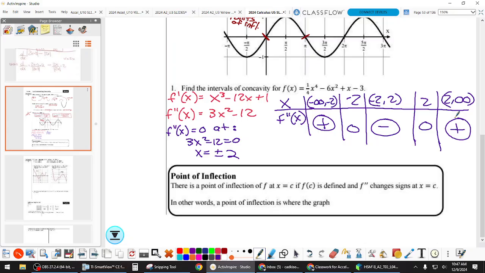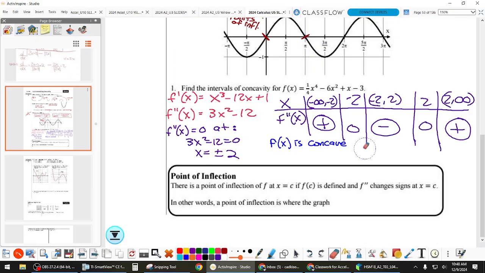Well, we need to give intervals where that happens, instead of just at single points. Oh, I see what you're saying. So from negative infinity to, would it be from negative 2? I guess, yeah, because we don't know.